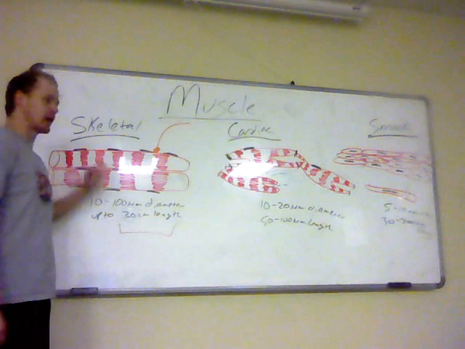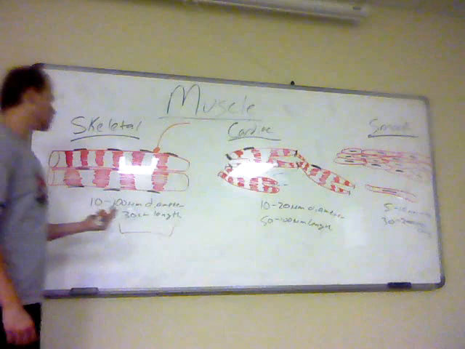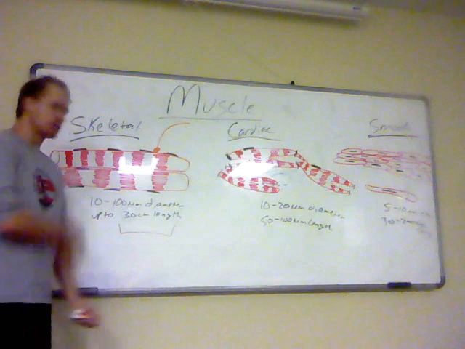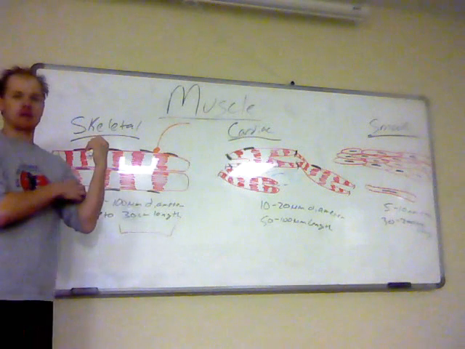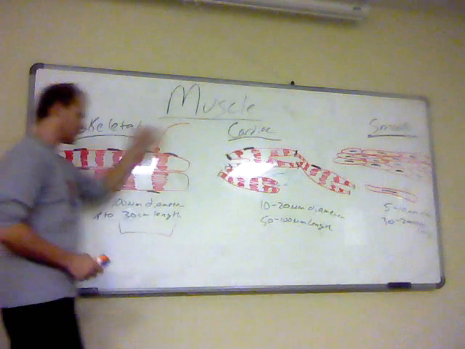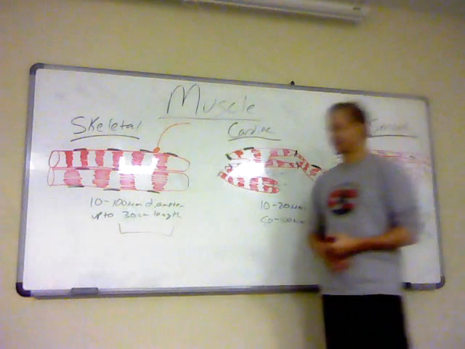Whereas with skeletal muscle, what's interesting is that when we go to lift an object, we're not going to use every single skeletal muscle cell to pick it up. I'm holding a handful of markers. I don't need to waste energy to curl my bicep and my brachialis to lift all these markers. They're just not that heavy. So your nervous system is only going to stimulate a few skeletal muscle cells to contract at a time.